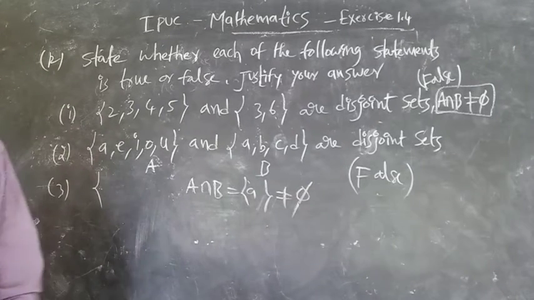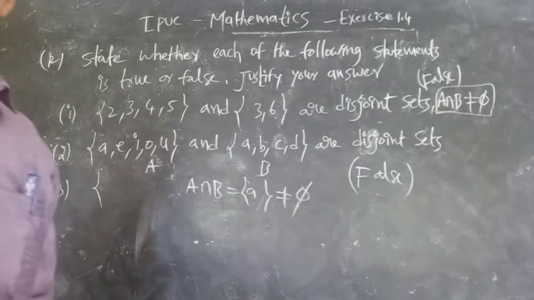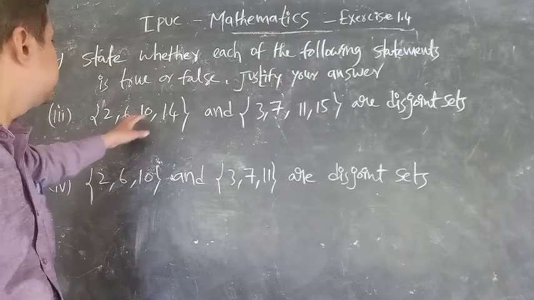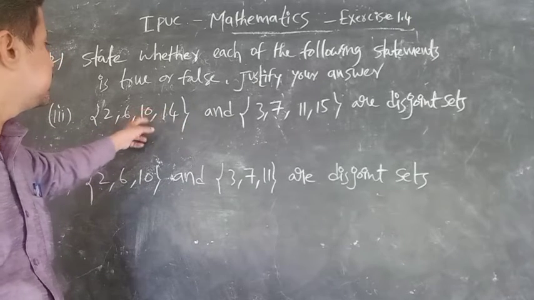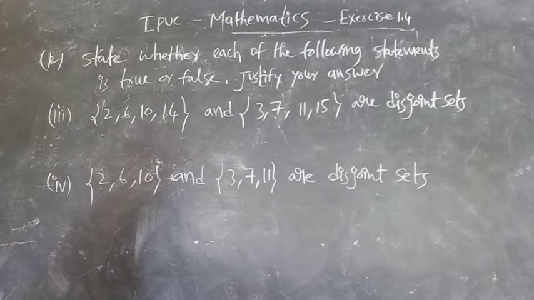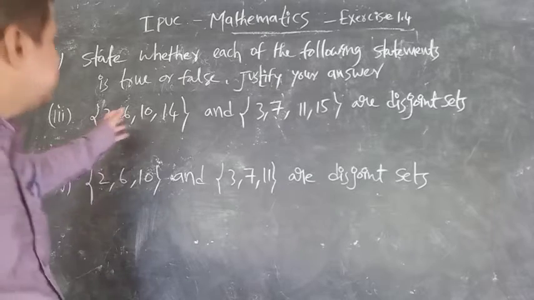Next we will move to the third and fourth. See, the third question: {2, 6, 10, 14} and {3, 7, 11, 15} are disjoint sets. So there is no common element.